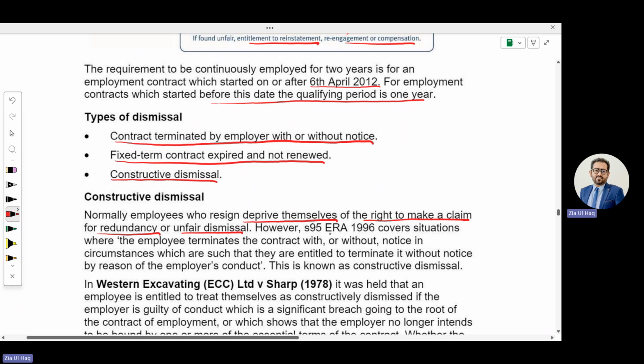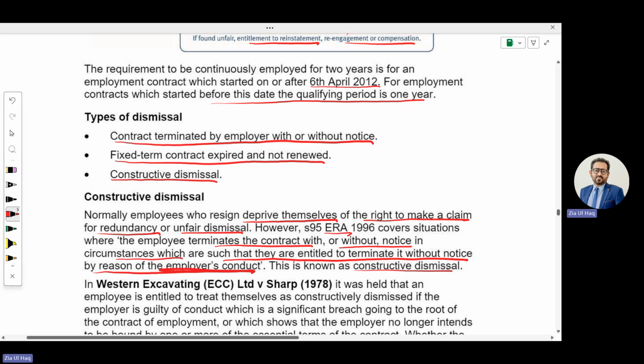However, Section 95 of ERA 1996 covers the situation where the employee terminates the contract with or without notice in circumstances such that they are entitled to terminate it without notice by reason of the employer's conduct. It means he left the job due to employer misconduct. So that will be called constructive dismissal. It means he was put in a position to leave the job.